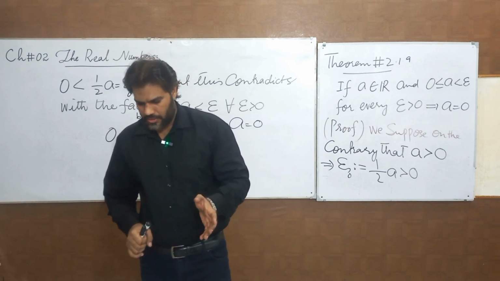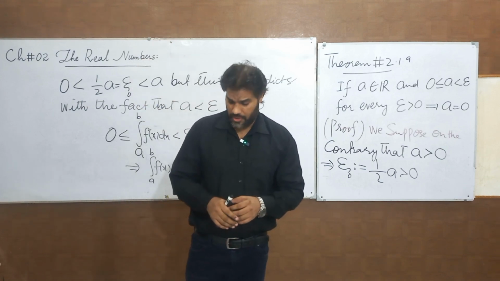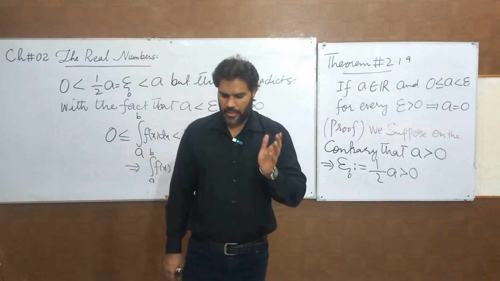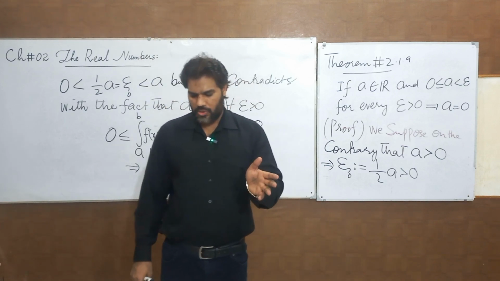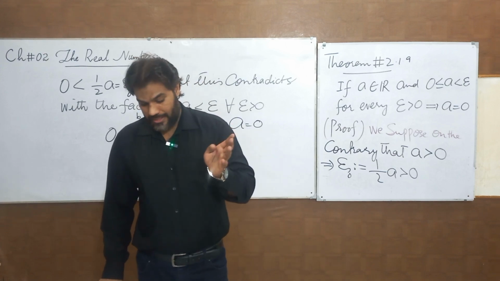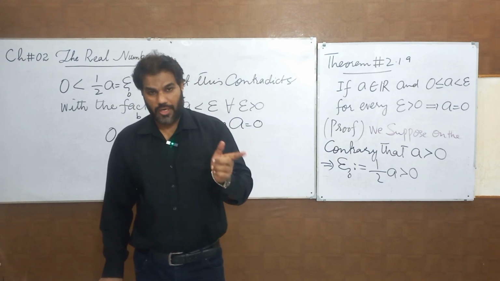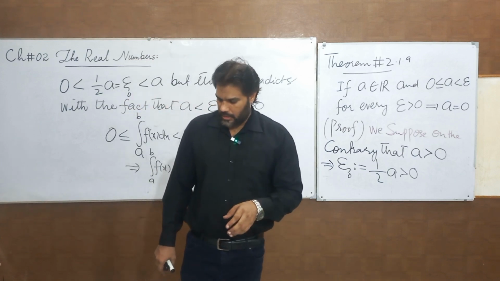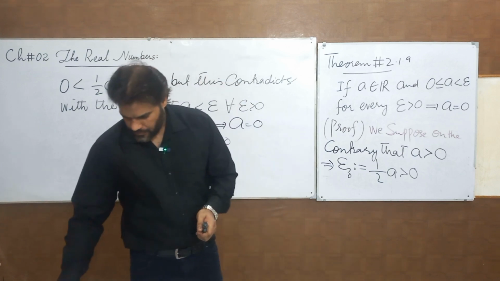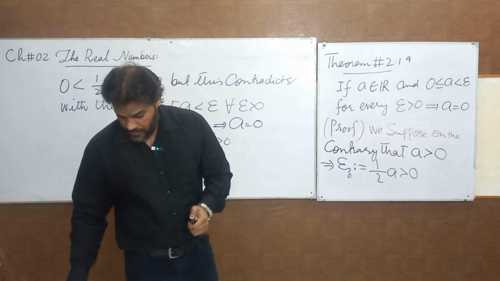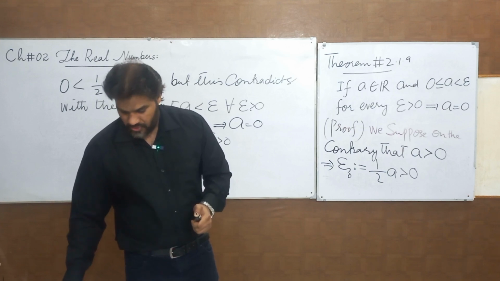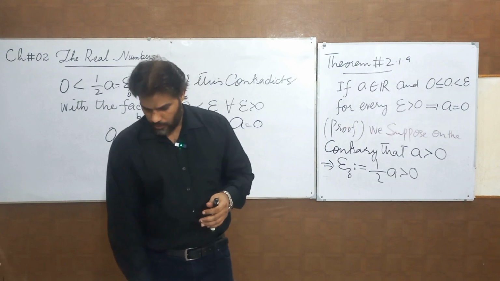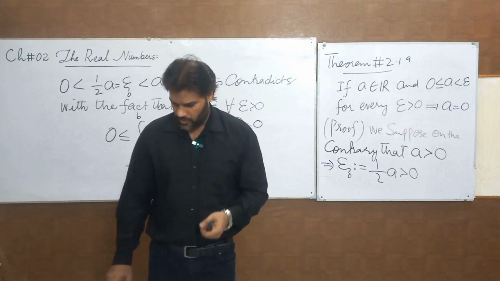Similarly, this theorem has a corollary in which the product AB is negative, and we have to show that this is possible when either A is less than 0 and B is greater than 0, or A is greater than 0 and B is less than 0. I am not proving this theorem here, and this is your assignment. I hope you can do this. Otherwise, I will share the proof of this theorem in the description box.